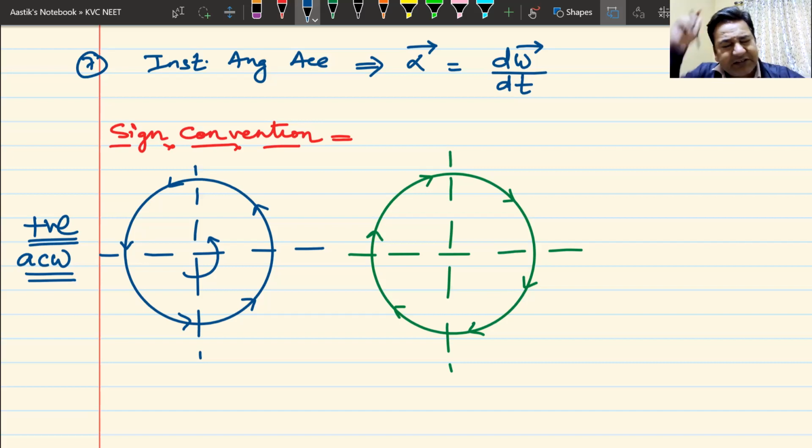We have discussed this in the very first class when I told you about the sign conventions of angles, and I told you anti-clockwise angles are positive and clockwise angles are taken as negative. Do we remember that? Why it was taken in that way? Because of these axial vectors. Anti-clockwise means positive z-axis and clockwise means negative z-axis. Do we understand this? Can I have some raise hand that we understand this?